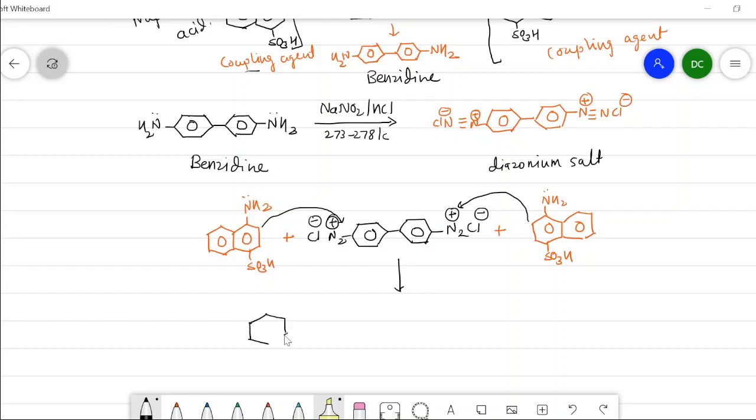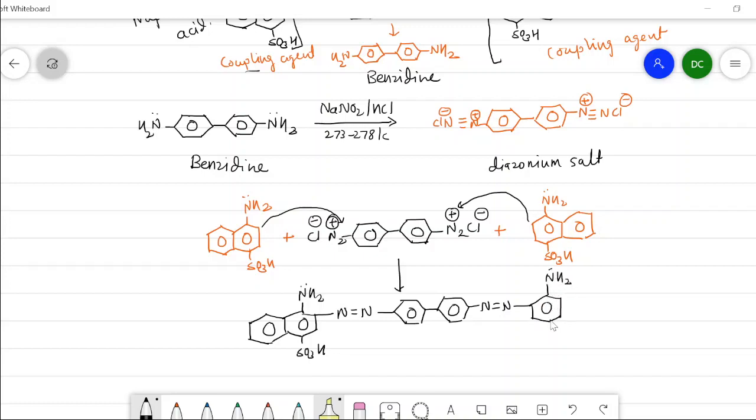Congo red has a structure with a part of naphthionic acid. Here I will write NH2, then SO3H. It is then attached with the N double bond N, aromatic ring, which is attached to another aromatic ring, then N double bond N, then it is attached with the naphthionic acid, NH2, SO3H, and there is a presence of another ring. In this way we get Congo red.